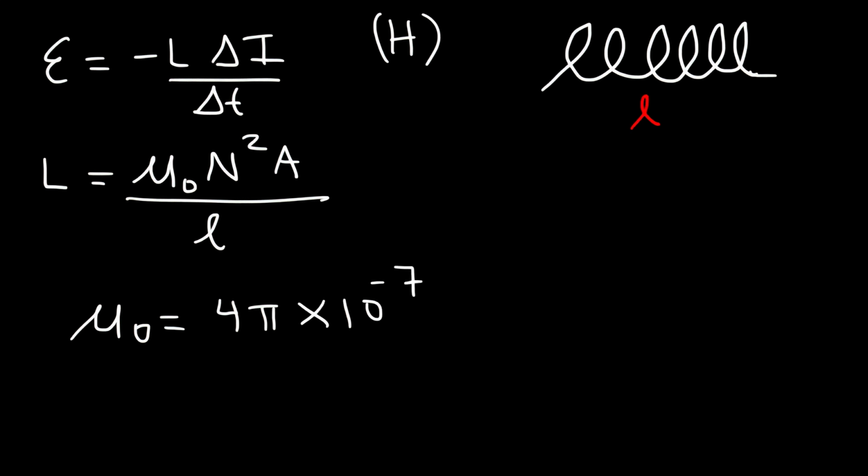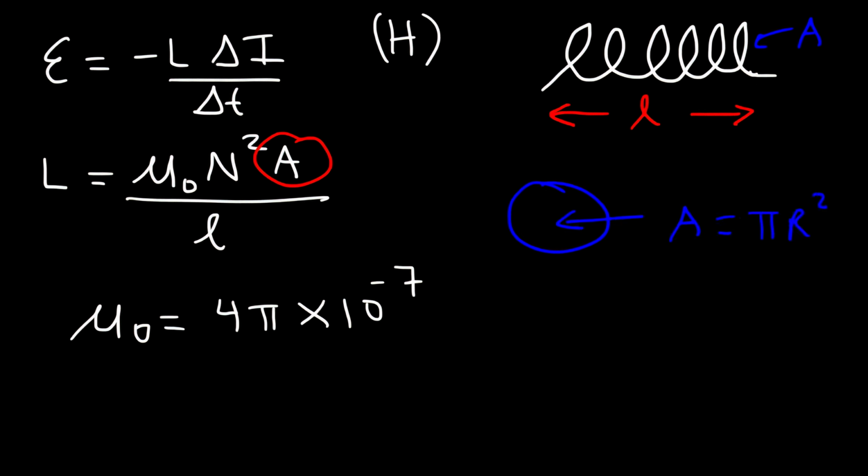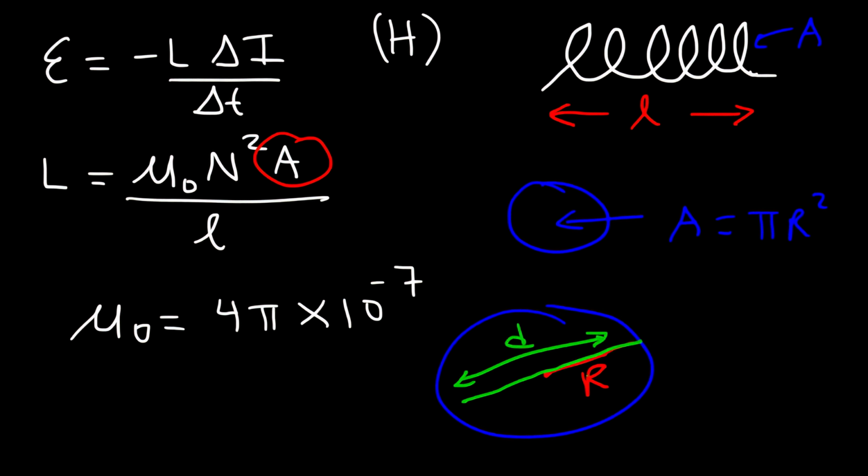Lowercase l is basically the length of the solenoid. A is the area of the coil. So typically it's circular, so the area is going to be pi r squared. And just keep in mind, whenever you have a circle, the radius is half of the diameter. This is the diameter, and the radius is just 1/2 of that. So r is d over 2. N represents the number of turns in the coil.